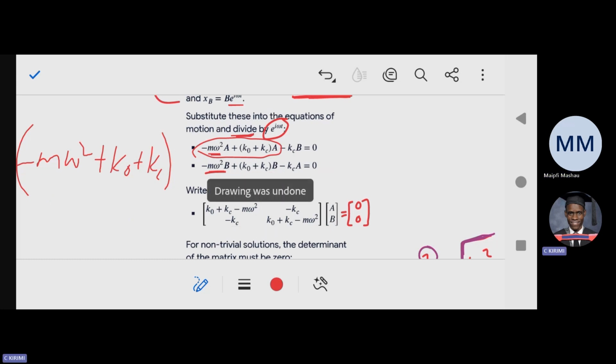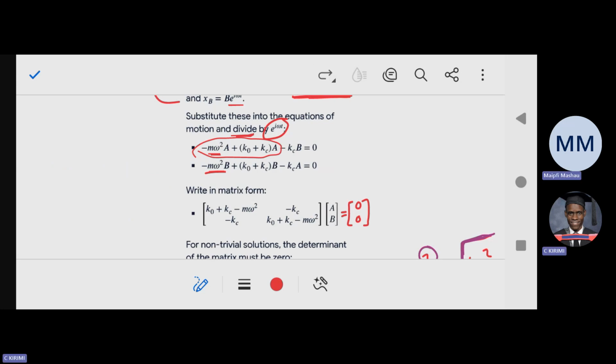Any question on arranging the matrix? Why is it that we do not start with this one? We put it here because it's being multiplied by what? By B. So it must come in the second column. KC is being multiplied by B. It must come in the second column.